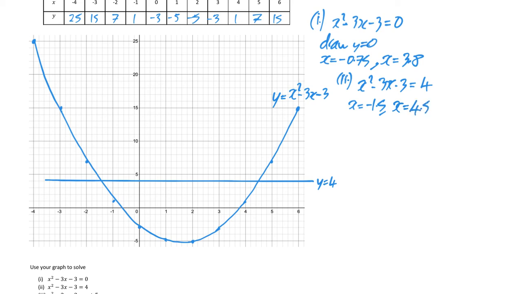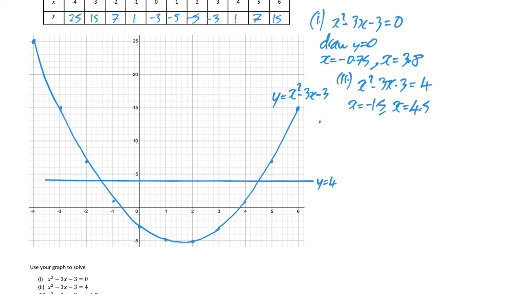So here you can see, bring that down, it's 4.5, and this one, bring this one down, it's roughly minus 1.5 there. So it's a wee bit of room for error in both of those.